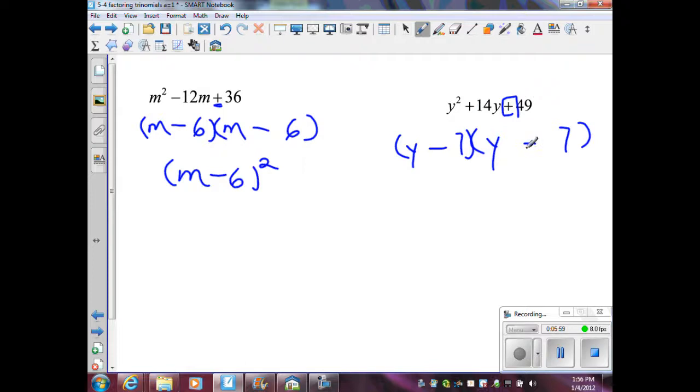That can't be true because I need a positive 14y, so these must change to plus, plus. Now, y times y is y squared, positive 7y plus positive 7y gives me a positive 14y, and a positive 7 times a positive 7 is a positive 49. Then I can write that as a squared binomial. Y plus 7, that quantity squared.